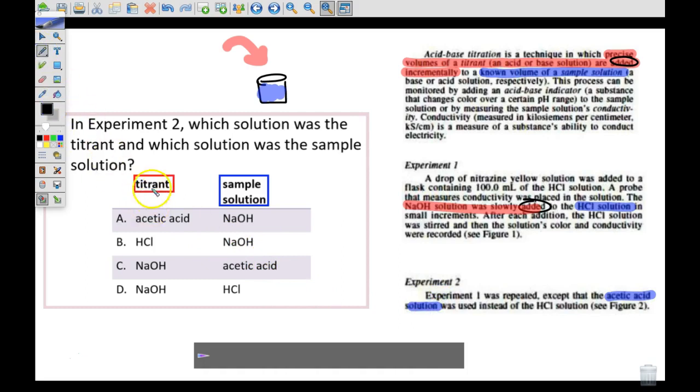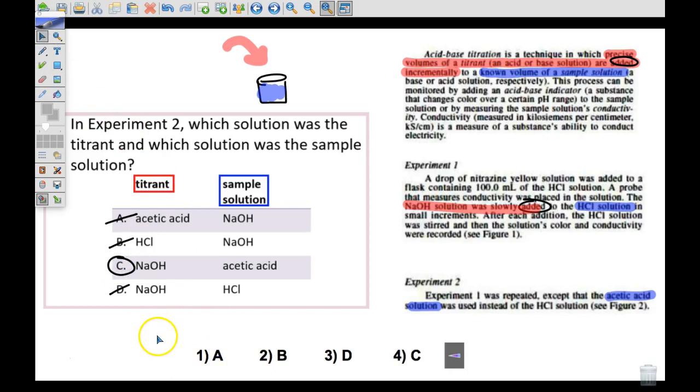So looking at our options, I know that NaOH is my titrant, what was being added to the sample, so that eliminates A and B. But because in experiment 2 we used acetic acid, that also eliminates D, so we have a final answer of C. So to round up our answers from CPW this week, it was 1A, 2B, 3D, and 4C.